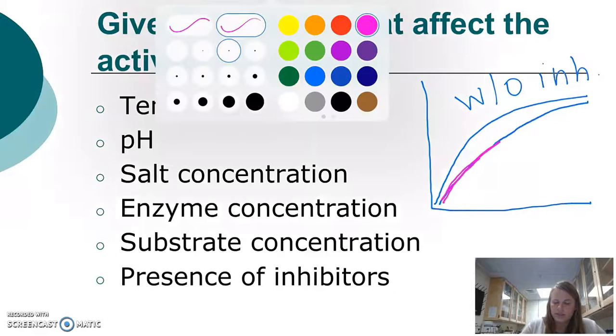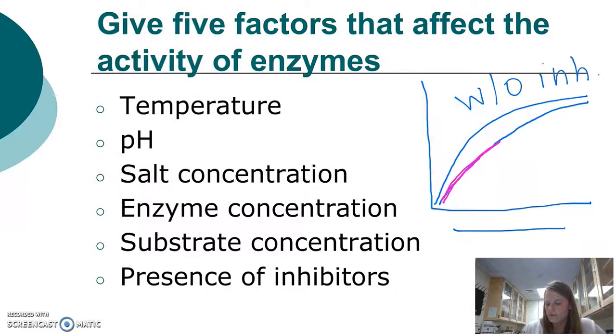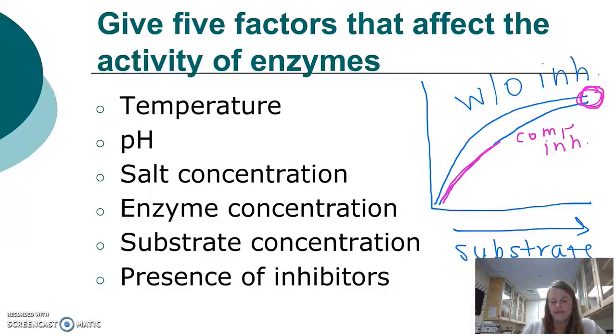However, as my substrate increases, so as I move from left to right, now if I look at the difference between my enzyme activity without an inhibitor and enzyme activity with a competitive inhibitor, I can realize that by the end of the enzyme's activity, what I end up with isn't that drastically different as what I would produce if I didn't have an inhibitor present at all.